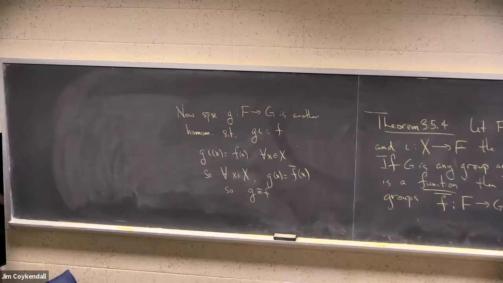I do mean this is the inclusion map. So we're construing X as a subset of F. So this will take x as an abstract element of the set to the x here that's an element of the free group. Good question.